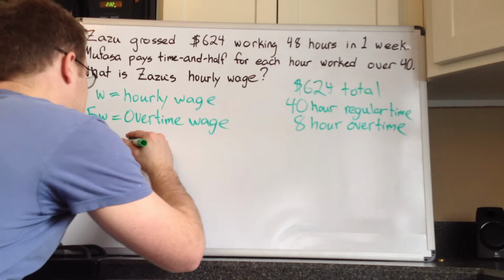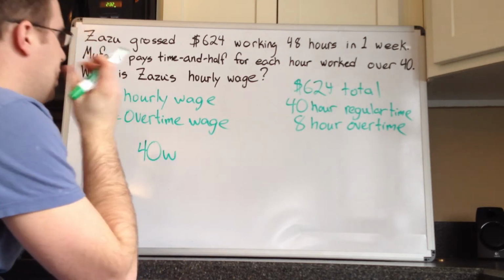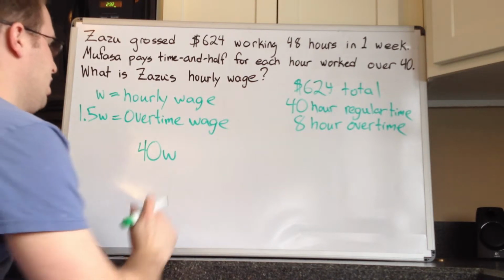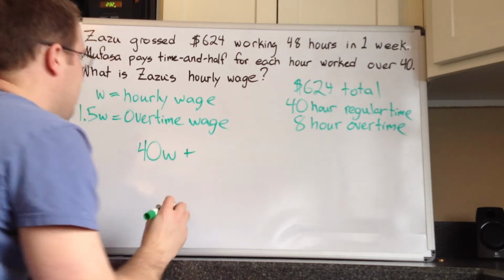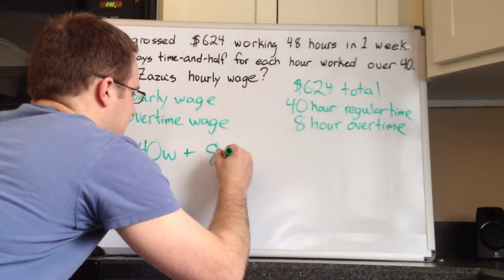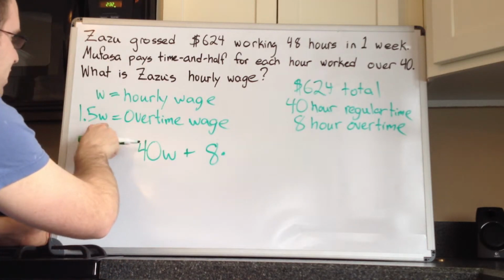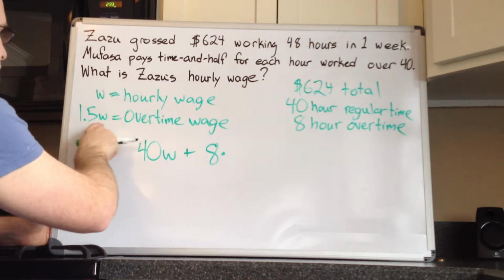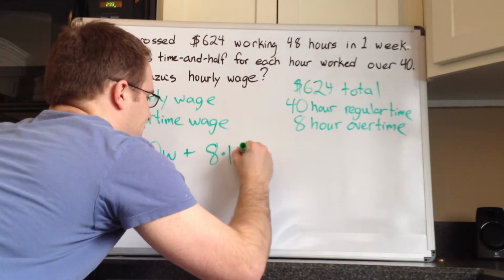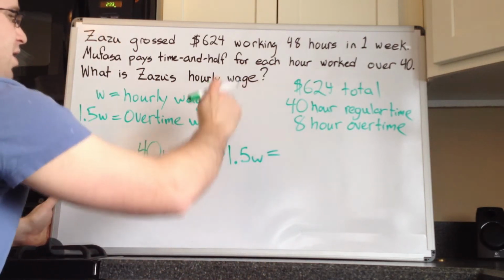So 40 times W, 40 W, that's the normal time, 40 hours worked at the hourly wage, plus we have 8 hours worked overtime, so 8 times, and that rate is 1.5 times W. So whatever the hourly wage is, we know it's 1.5 times as much. 8 times 1.5 W. And when you put those together, we're going to get $624 total.